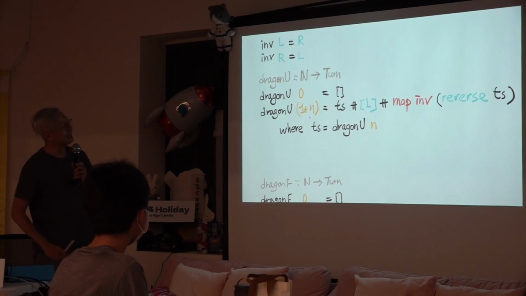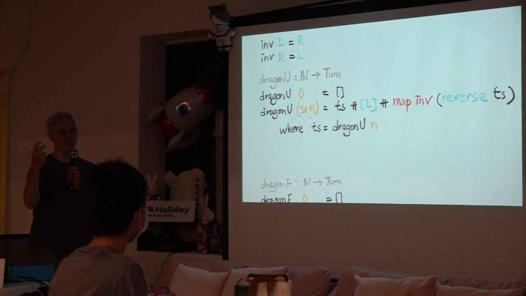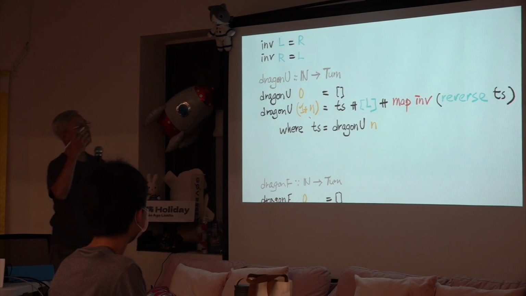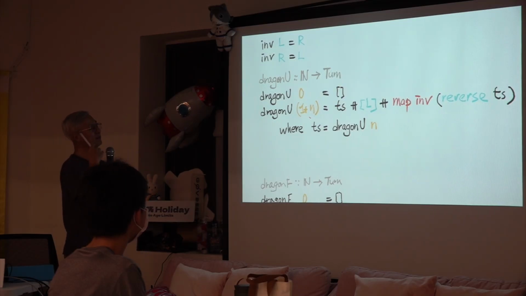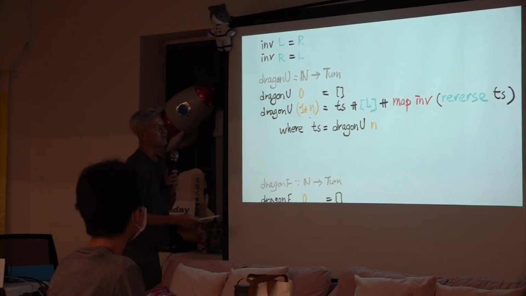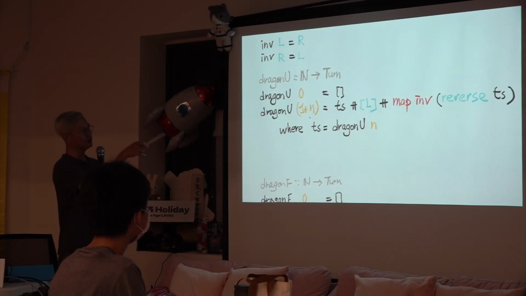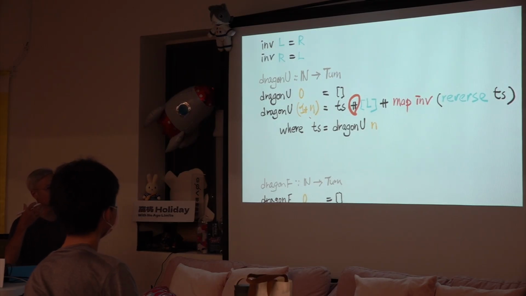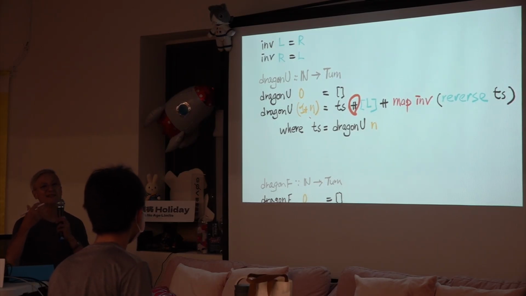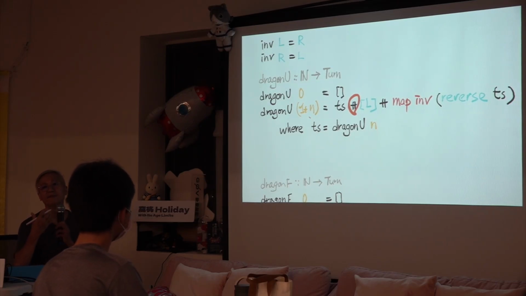Okay? So this dragon U takes a natural number, which is the level of the curve you want to generate. The level 0 curve is just an empty list. To generate a curve of level 1 plus n, you generate the previous level by calling dragon U of n, and then this plus symbol, pronounced append, denotes concatenating two lists together.